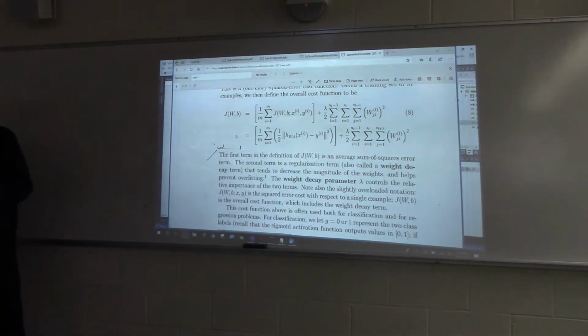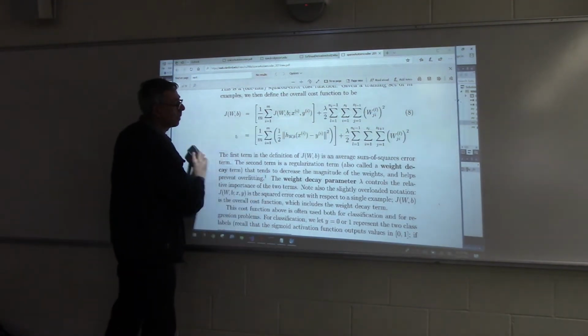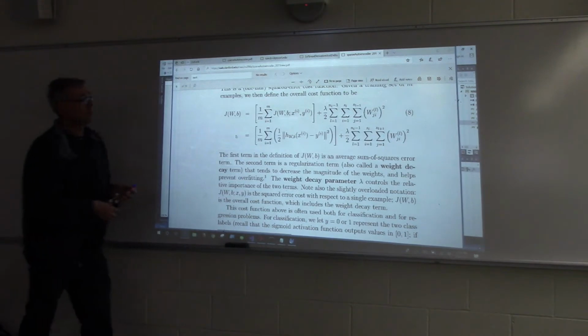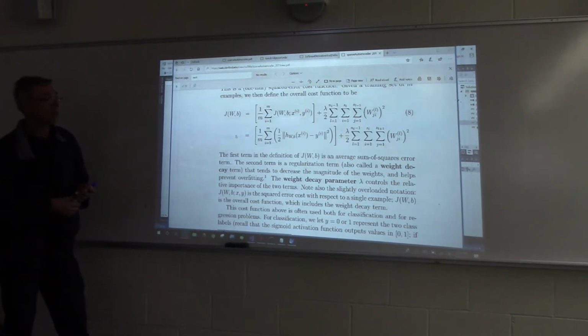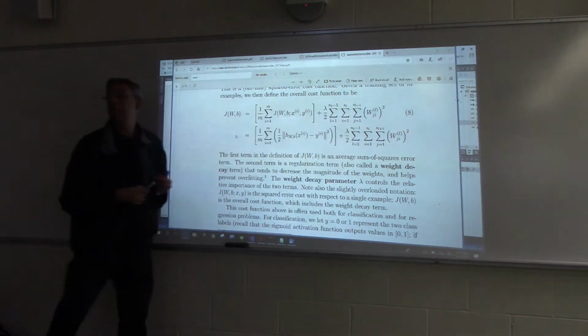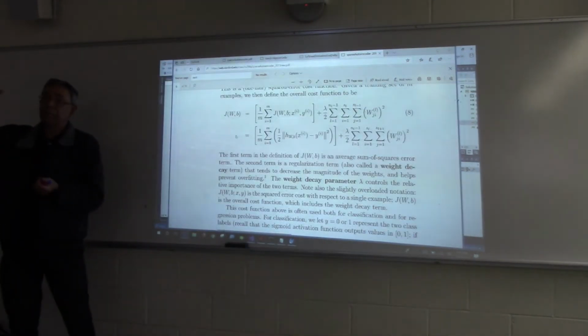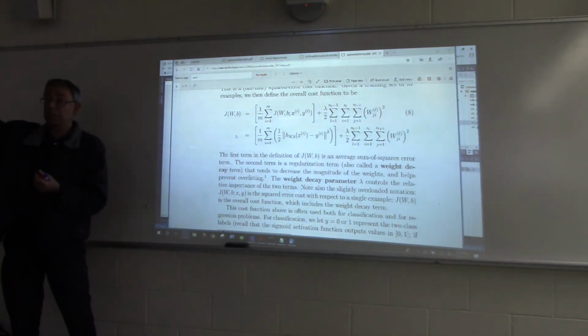Question. If the weight is negative, could that actually cause it to increase? No, because it's in the cost function, it's the square term, right? So even if it's negative, it's contributing a positive value to the cost function.